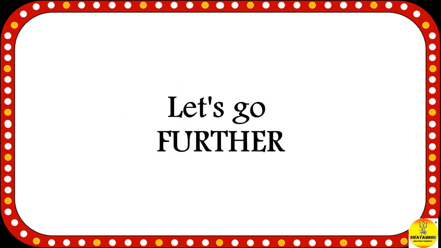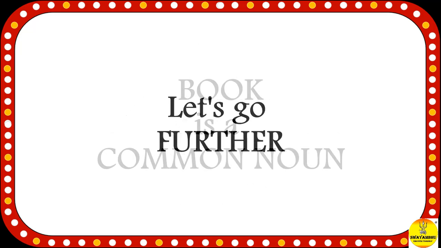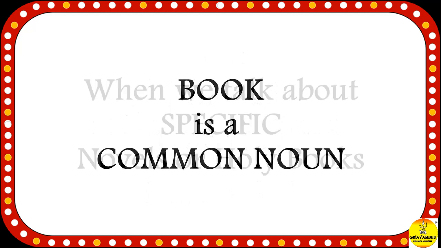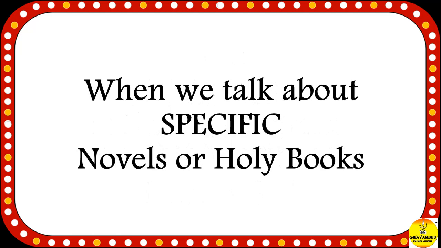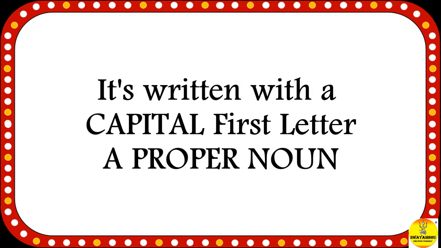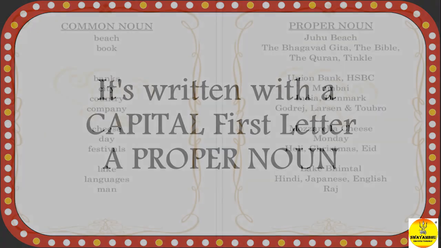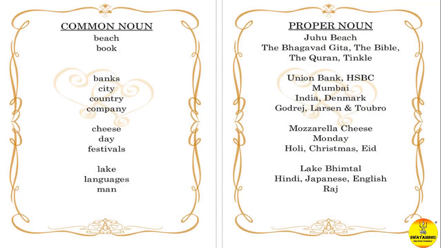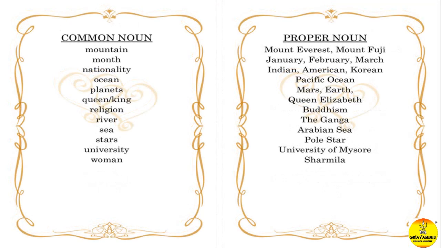In the same way, as we go further, book is a common noun. But when we talk about specific novels or holy books, it's written with a capital first letter, a proper noun. In this table, if you have noticed, common nouns are in the lower case and proper nouns are written with the capital first letter.